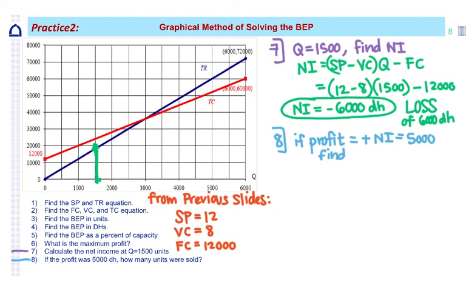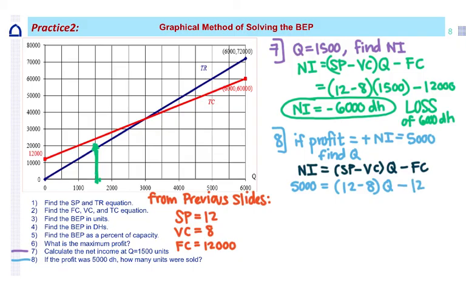So we're trying to find Q. Again, we will use this standard equation, net income equals selling price minus variable cost, times quantity, minus fixed cost. We'll plug in everything we know. The net income is a profit, so positive 5,000, the selling price is 12, the variable cost is 8, we're trying to find Q, and the fixed cost is 12,000.